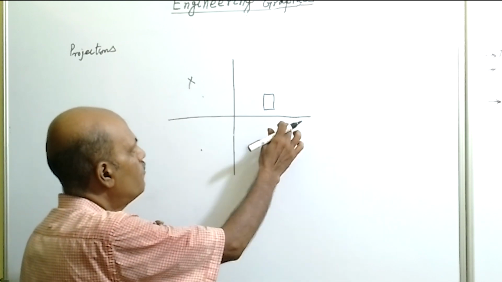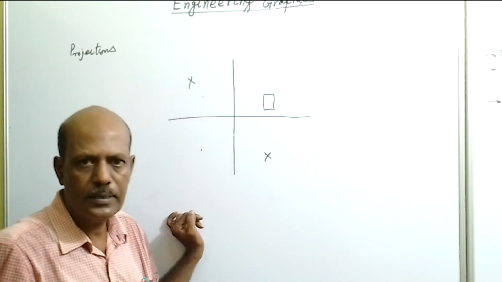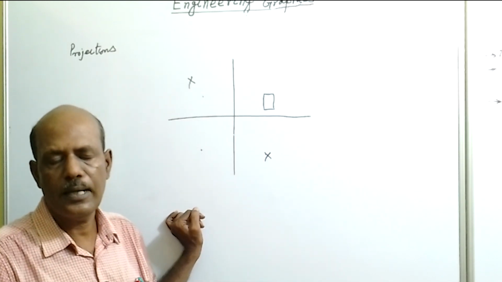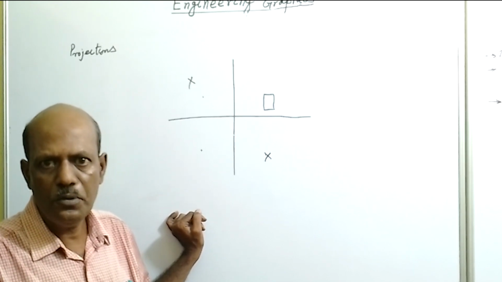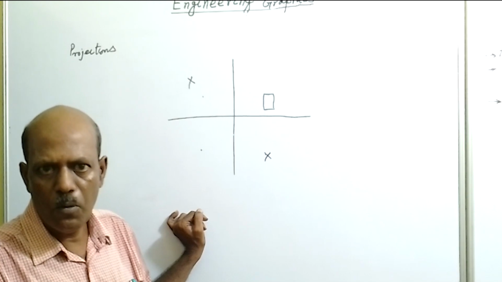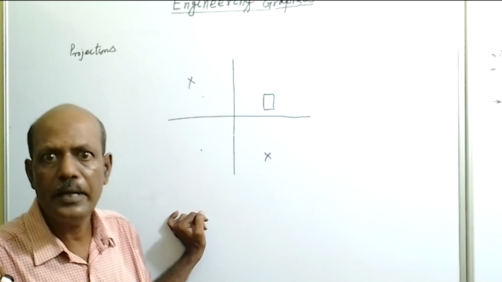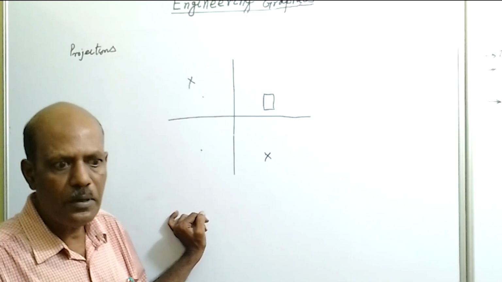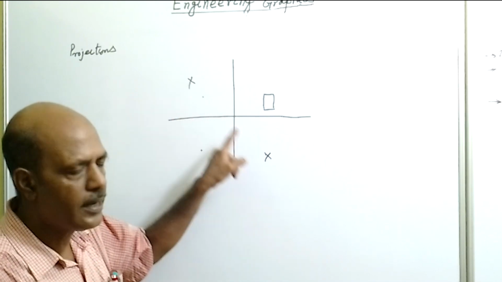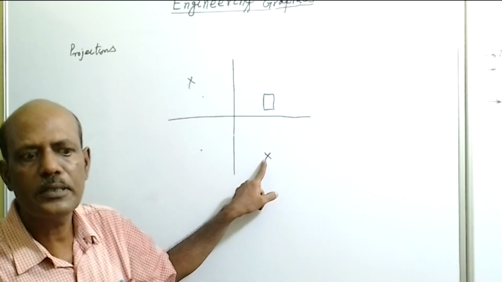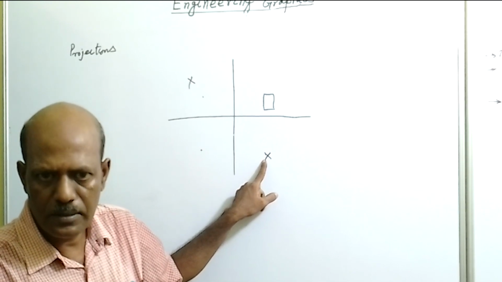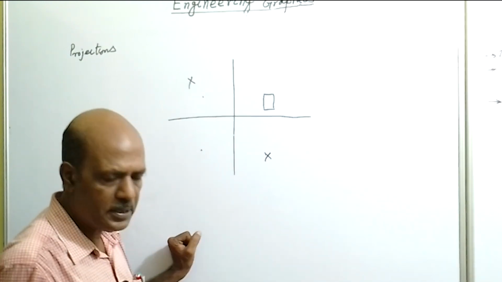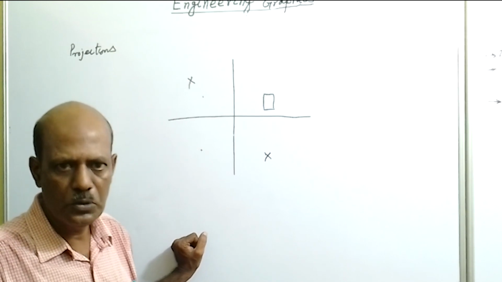So the front view and top view, in both cases, that is in second angle projection as well as in fourth angle projection, will overlap each other and create confusion. That's why these two angles of projection are not used for drawing. So only first angle and third angle projections are used.